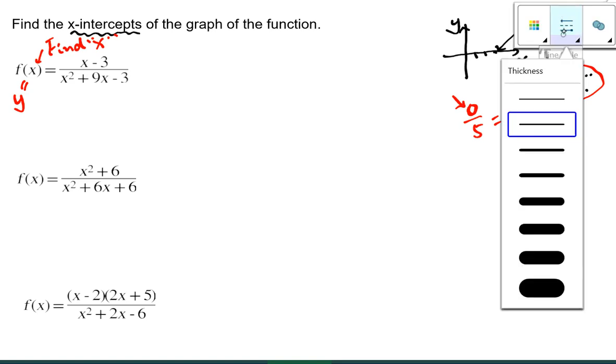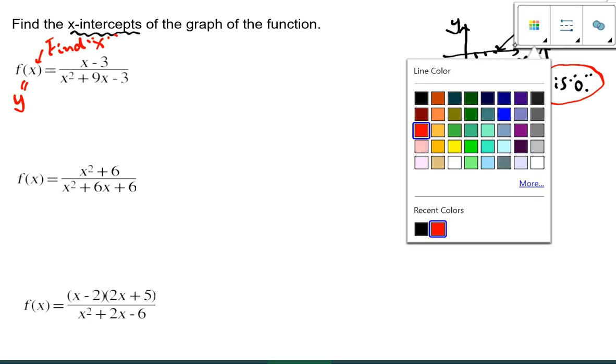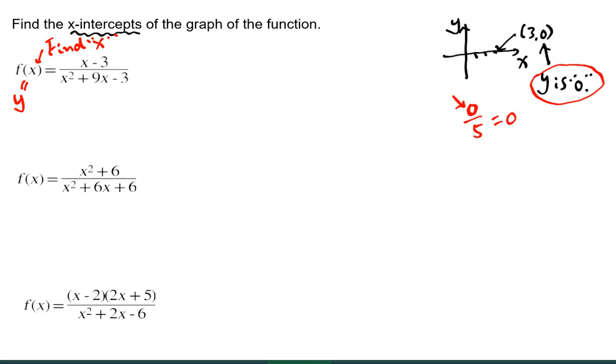Alright. Now let's choose black color. So you want to have x minus 3 be 0. Numerator is 0. If numerator is 0, then the whole rational expression will be 0. Okay?